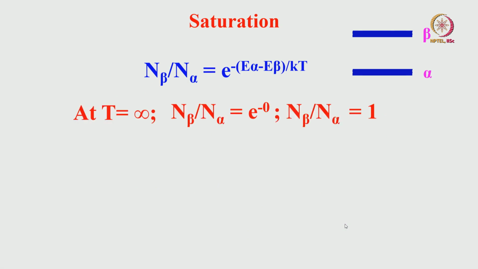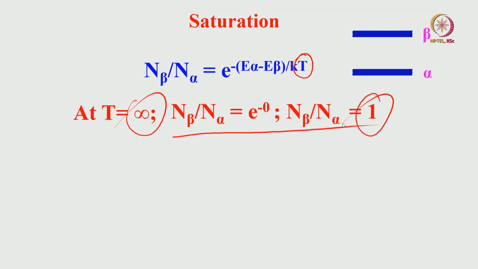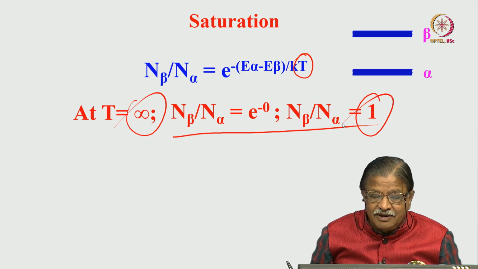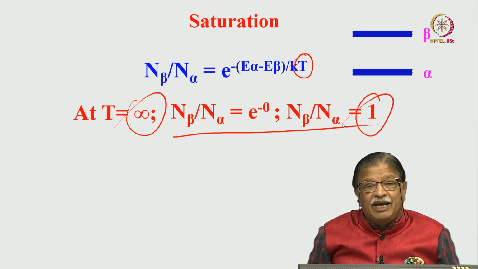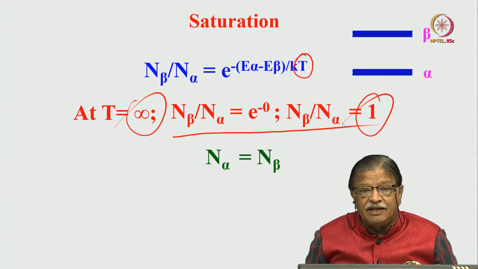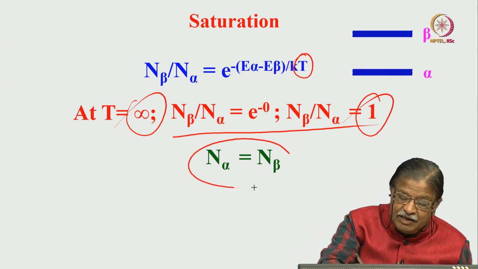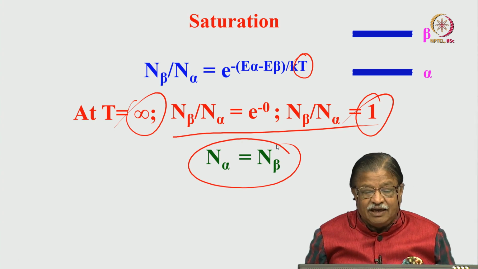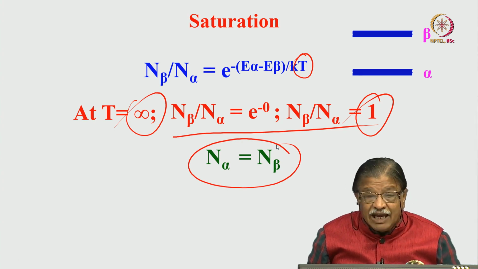Now, instead of 0, let us do another trick. What happens if I put the temperature as infinity? Remember T is in the denominator. If you put T equal to infinity, n beta over n alpha turns out to be equal to 1. Then n alpha is equal to n beta. That means the number of spins in both alpha and beta states are equal.